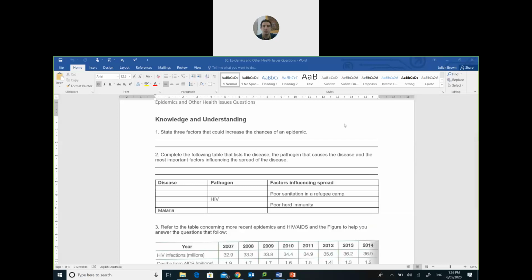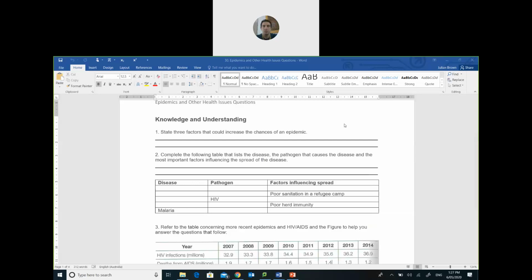So even the common cold could be influenced by poor herd immunity, or potentially things like measles, where people now are not getting vaccinated for whatever reason, and so that can lead to the spread of that particular disease. Malaria, we said, is a parasite or a plasmodium sort of pathogen. That can be influenced by the presence of mosquitoes or stagnant water sources. Okay, so there's a range of different types of diseases that are spread through different ways.